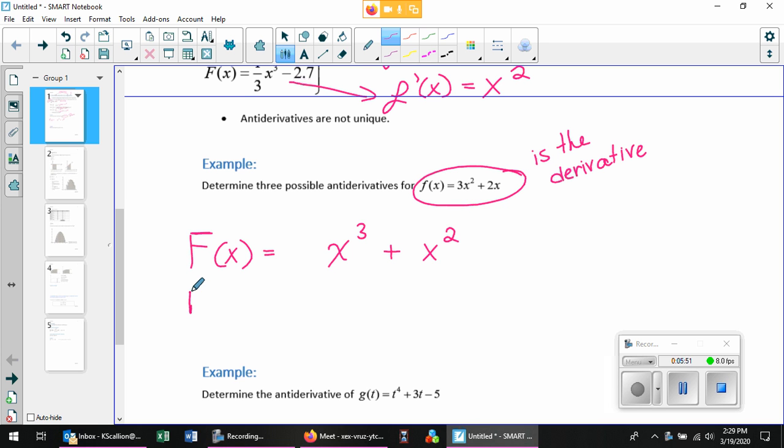So do another one. What's the thing that's going to change? Are these going to change? No. What's going to change? If there was a constant. Right? Because what's the derivative of 3? 0. So that would be the same derivative. And then, because I asked for 3, let's do 3.